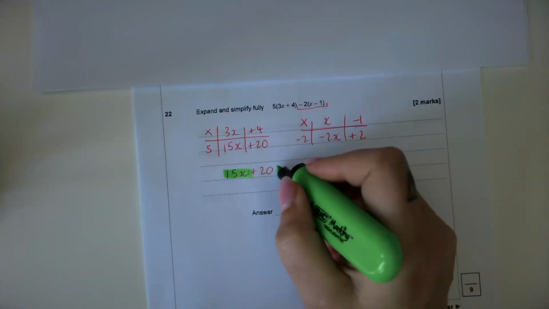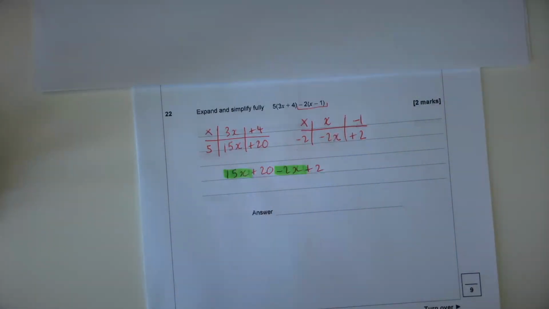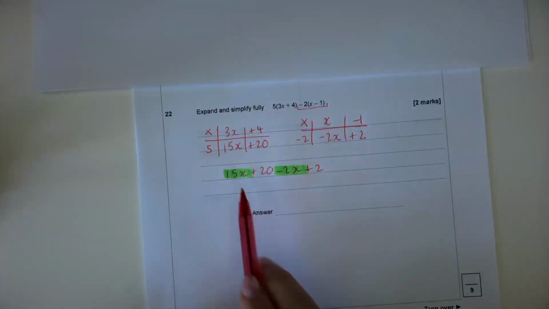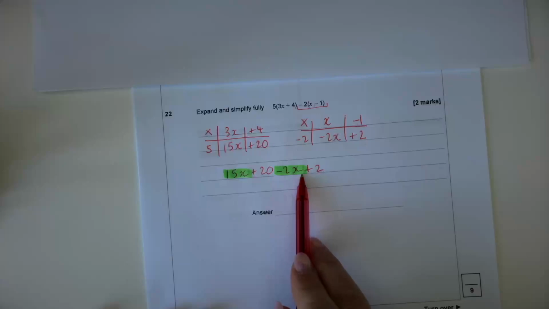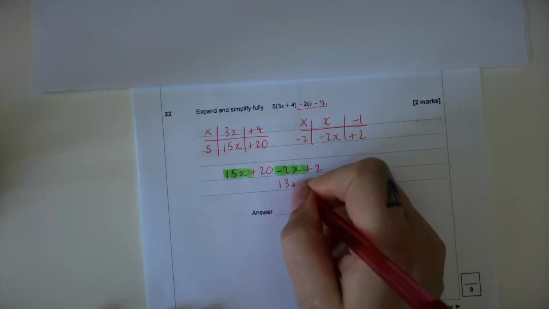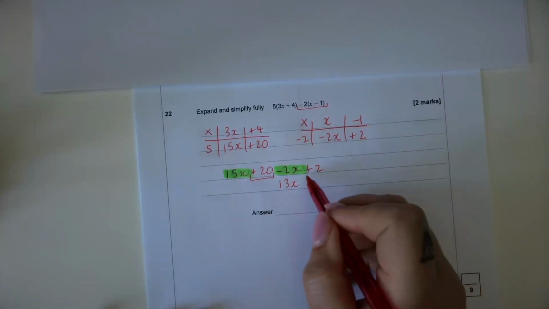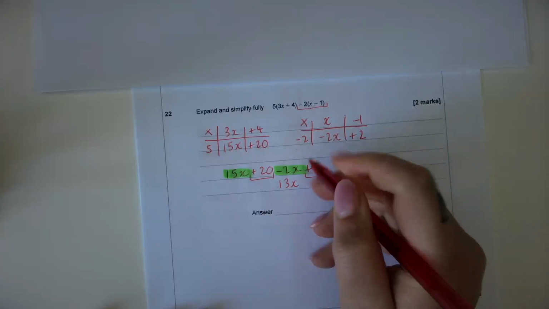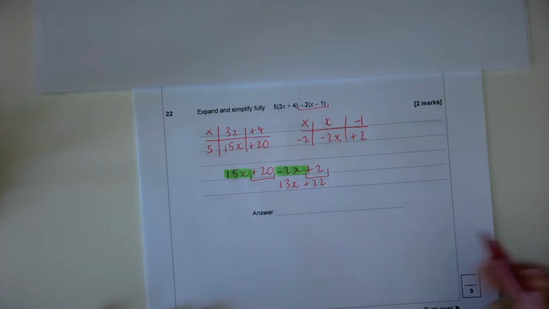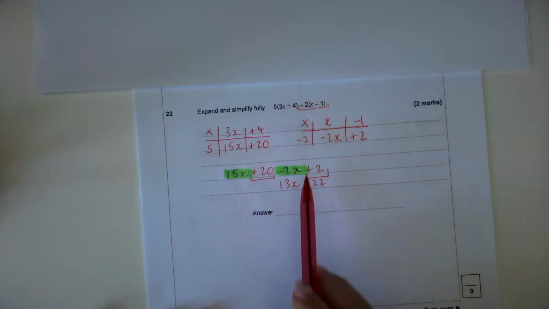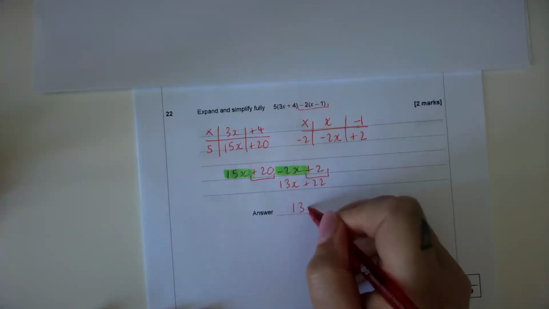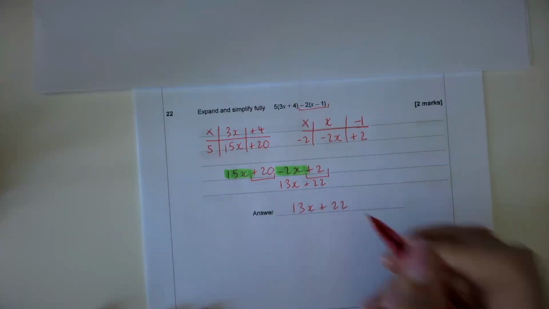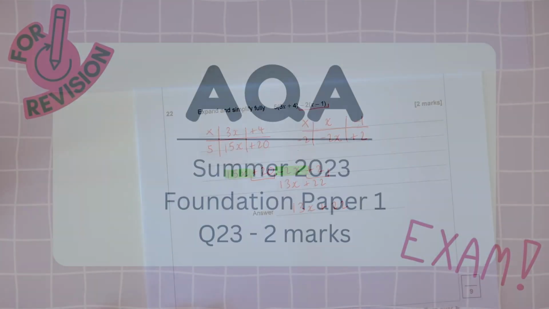So I've got 15x minus 2x, remembering to keep that negative with that 2x. So 15x subtract 2x leaves me with 13x, and then 20 plus 2 is 22. So this expansion simplifies to the expression 13x plus 22.